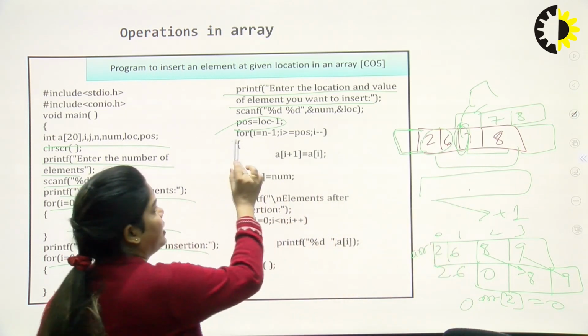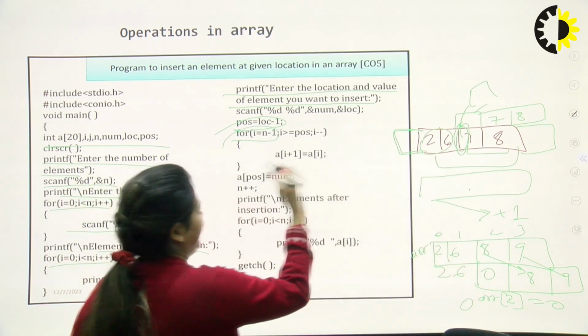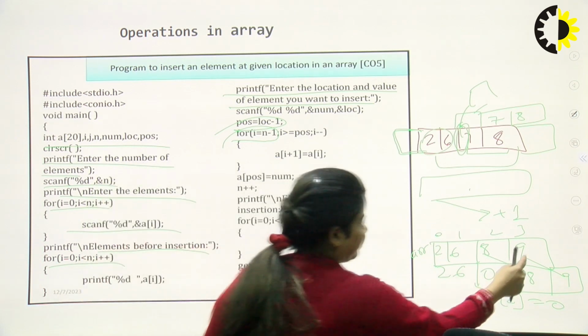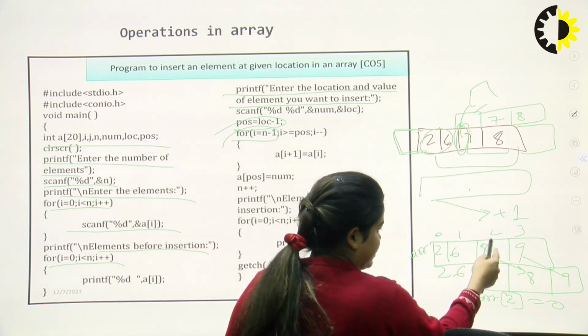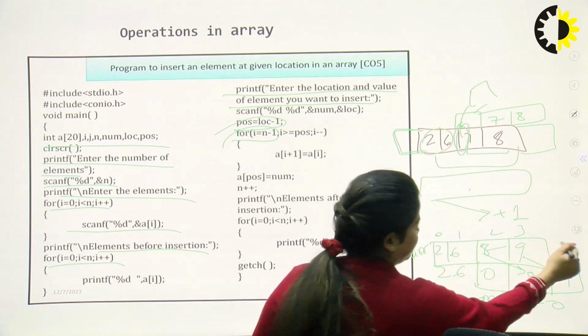Now for i = n minus 1, we will go from the last. Let's suppose the size of the array is 1, 2, 3, 4.